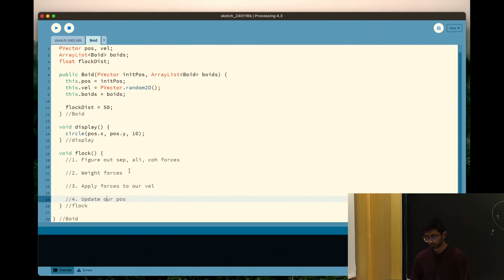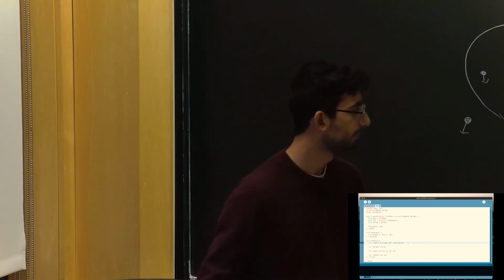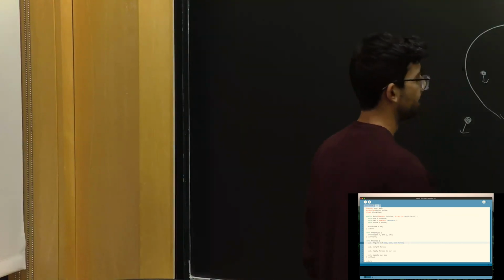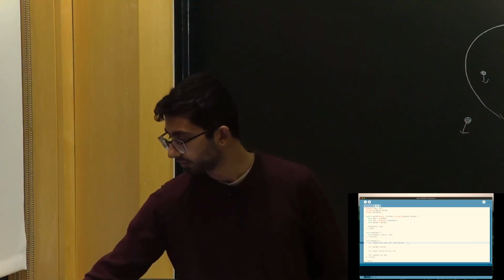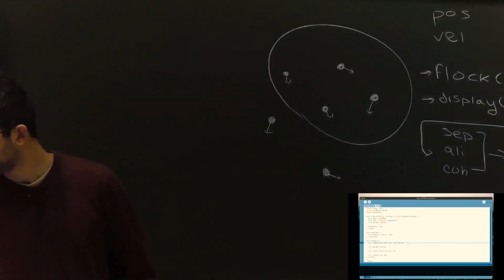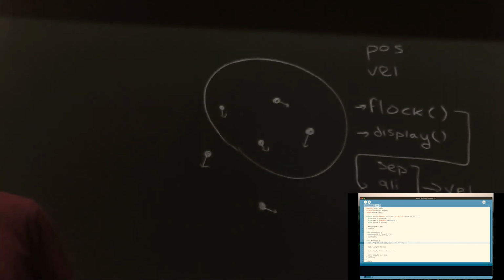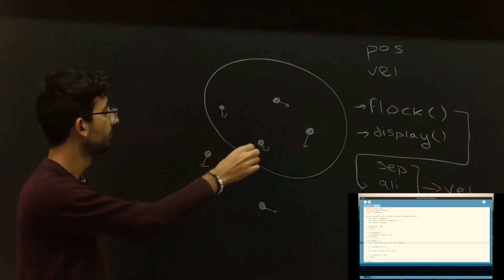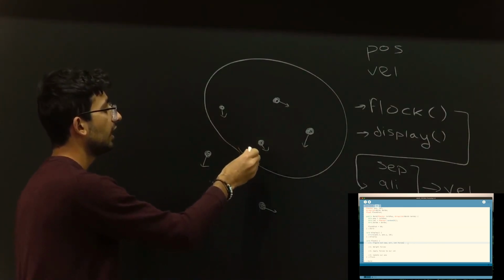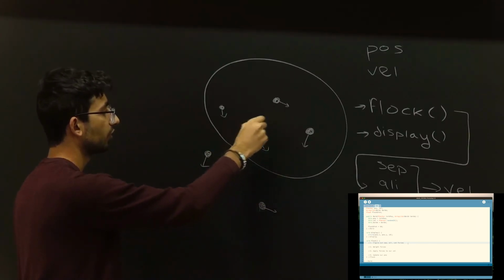Okay, so now let's go back to the board and let's talk about how the separation, alignment, and cohesion forces work. Let's start with separation. In order for us to be separated from the other Boids, if I'm focusing once again on this Boid, I want to say, hey, of all of these Boids, which ones are visible to me?